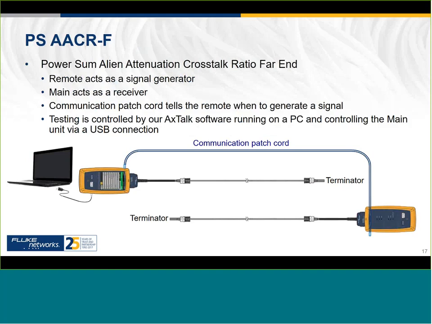Now, this can be another link located away from the disturbers. You use patch cords to patch into another link that acts as that communications channel. Again, the Alien crosstalk software running on the PC will control the main unit via the USB connection to carry out the measurements.